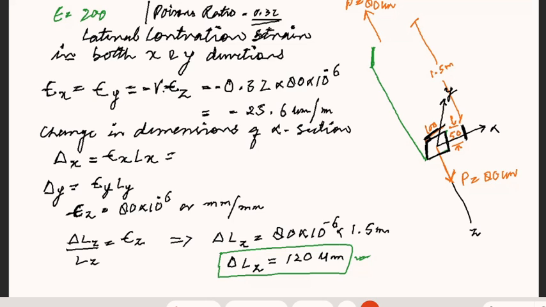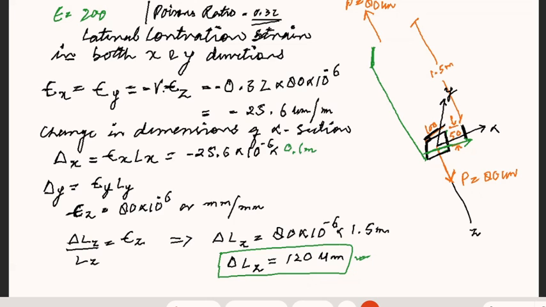That is equal to minus 25.6 micrometer, that means 25.6 into 10 raised to the power of minus 6 multiplied by the length in x direction. In x direction we have a total length of 100 mm. Therefore you can write 0.1 meter here.